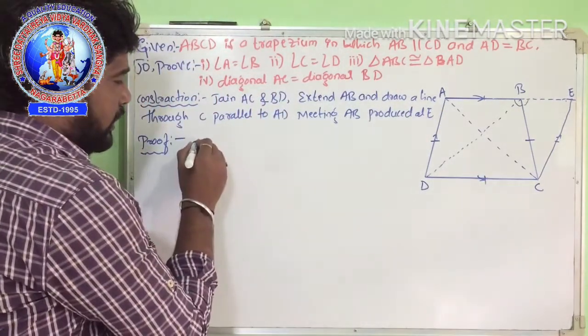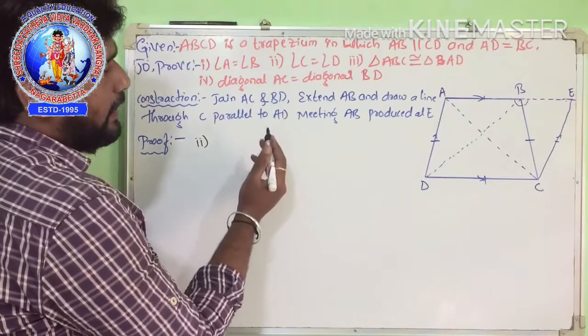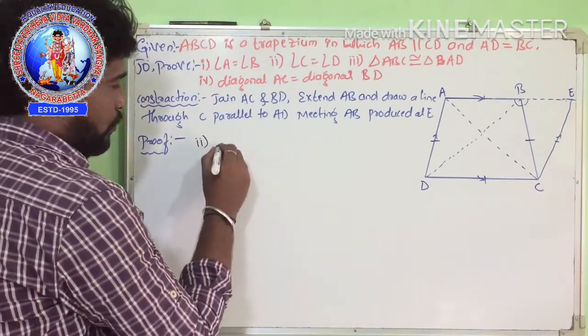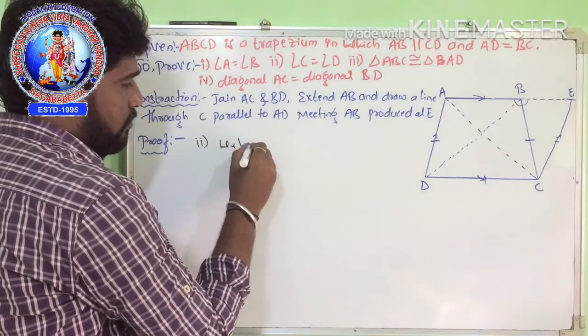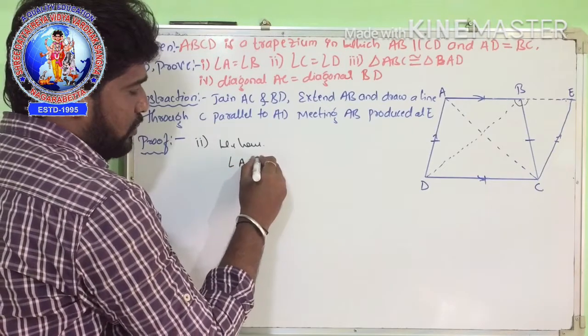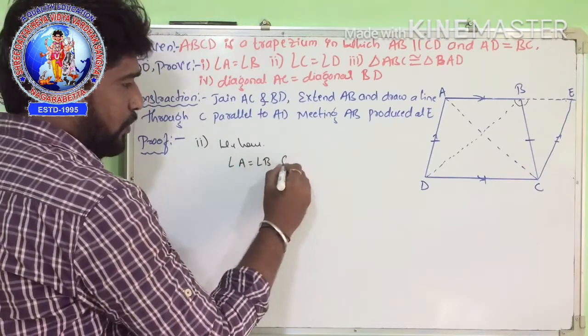Well students, now the second one. The second one is angle C is equal to angle D. We want to prove this. Already we proved angle A is equal to angle B. Just we proved it.